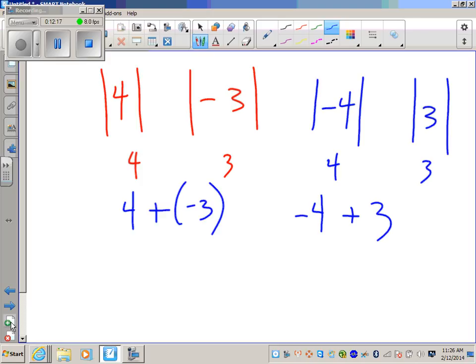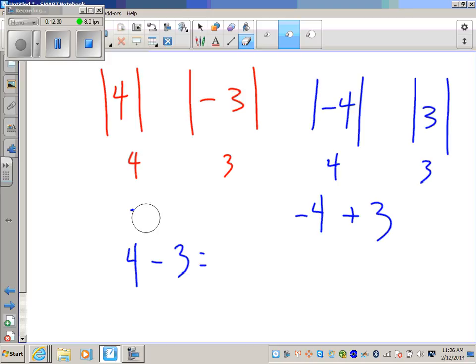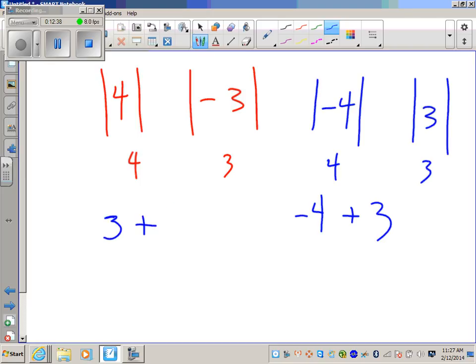We said that adding a negative was just like doing what? What is 4 minus 3? Oh, I wrote the wrong one. My fault. 3 plus a negative 4. 3 minus 4. So how can you... Now you can do that.